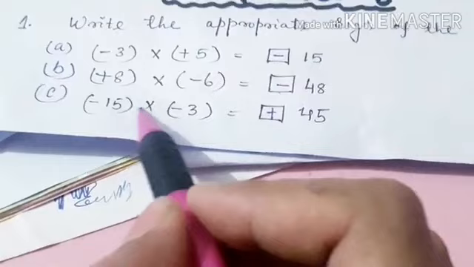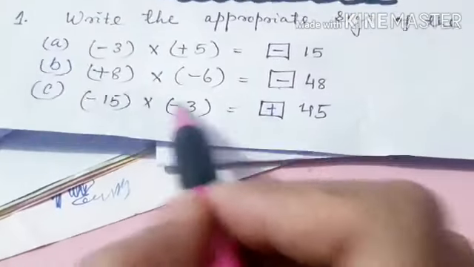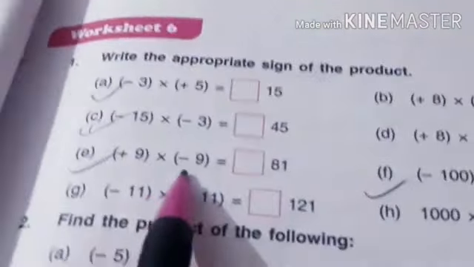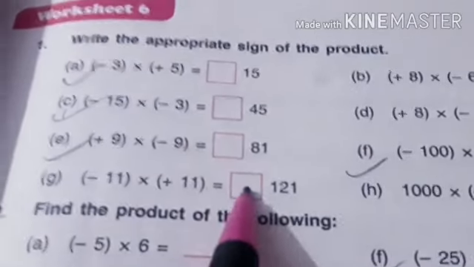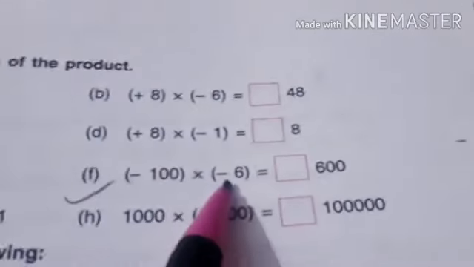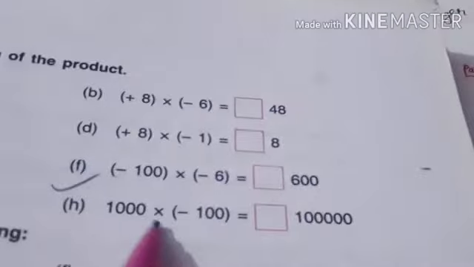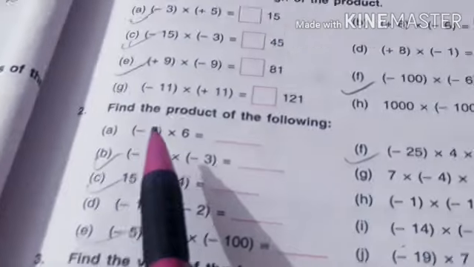Then minus 15 into minus 3: minus into minus, plus. Here you see in the book, plus into minus, what will you get? Minus. Minus into plus is equal to minus. Minus into minus, plus. Then plus into minus, minus. Like this you have to do.